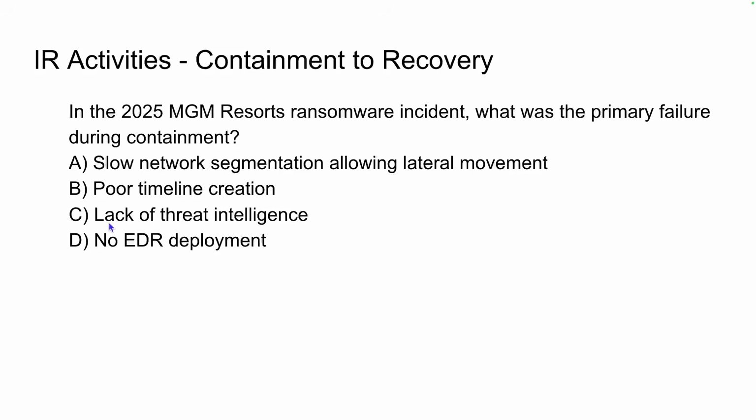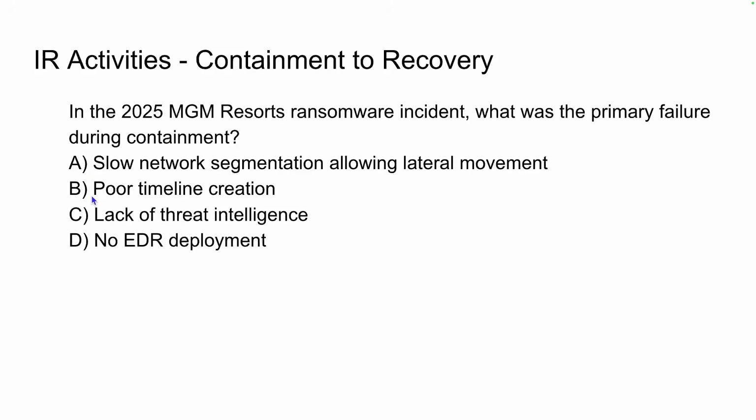These could be the reasons as to why other things took place. But the primary failure during containment specifically is slow network segmentation.